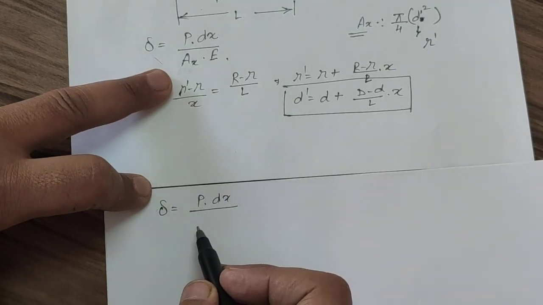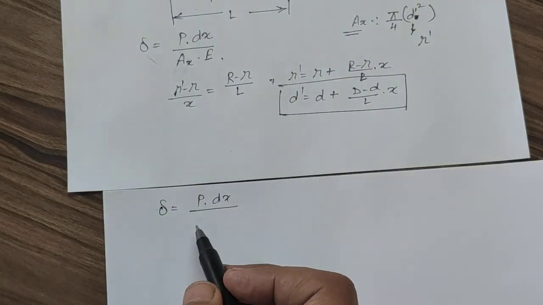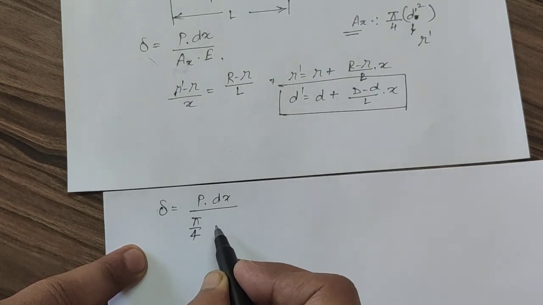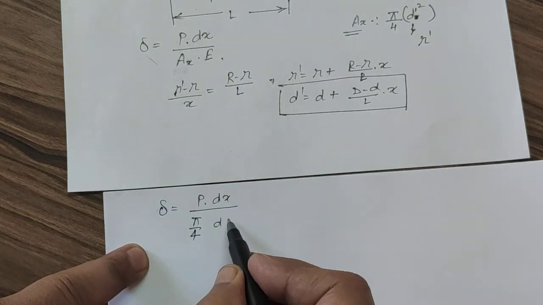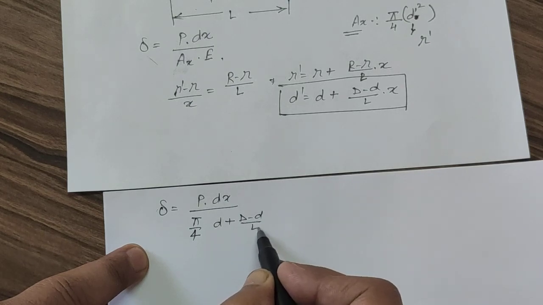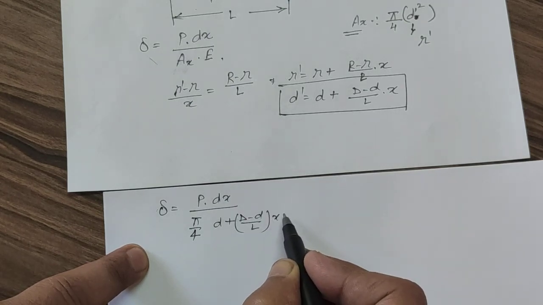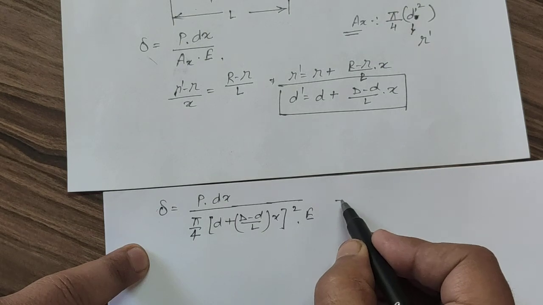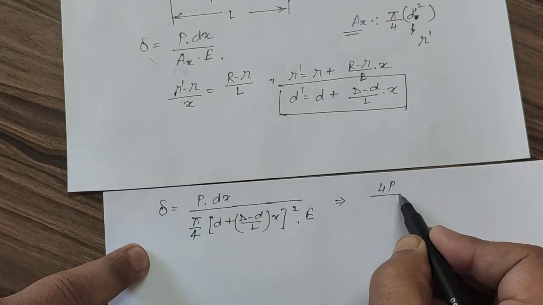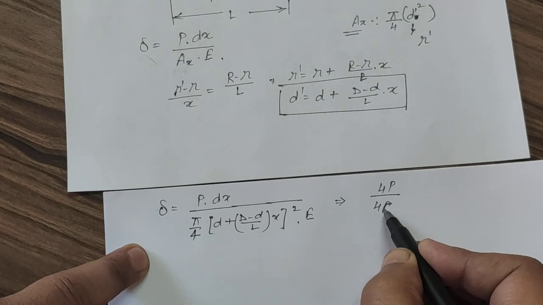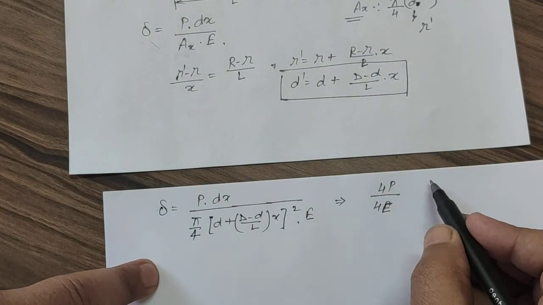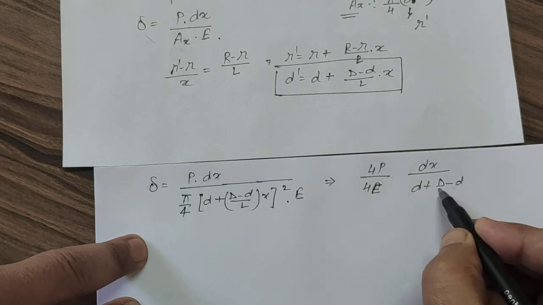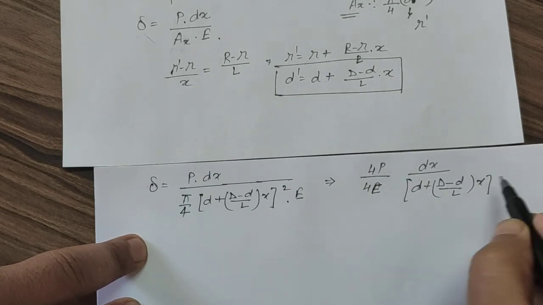Now the area is pi by 4 into d dash square, and d dash is d plus ((D minus d) by L) into x, whole square, multiplied by E. So we can write 4P divided by pi E, and dx divided by (d plus ((D minus d) by L) into x) whole to the power 2.